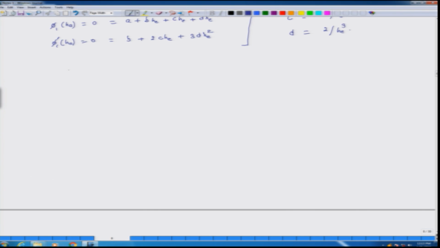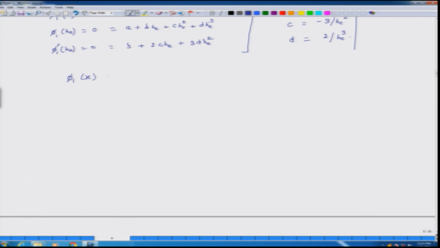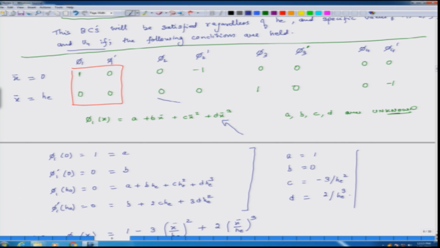So, ultimately, I put these values of A, B, C, D in this equation and I get my expression for phi 1 of x. So, my phi 1 of x is equal to 1 minus 3 times x bar over HE whole square plus 2 times x bar over HE cube. Yeah. This is how I get my phi 1. Similarly, I can calculate the nature of phi 2 from these 4 conditions.